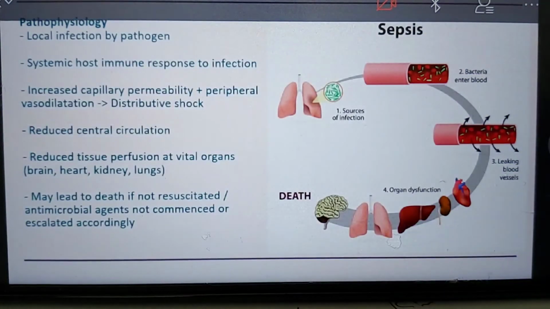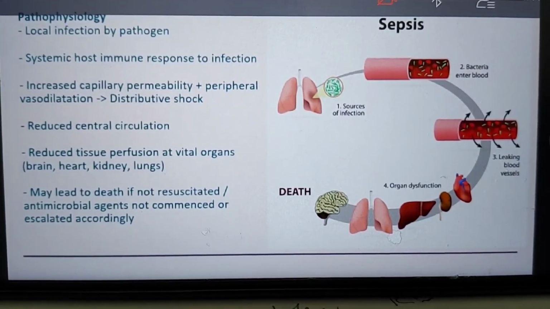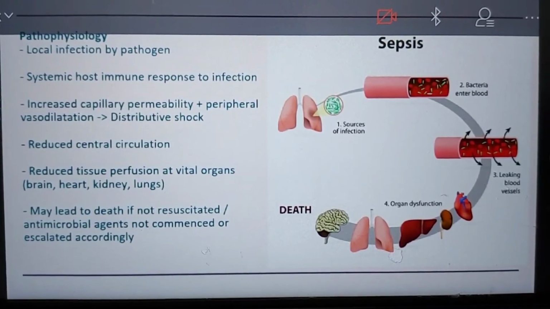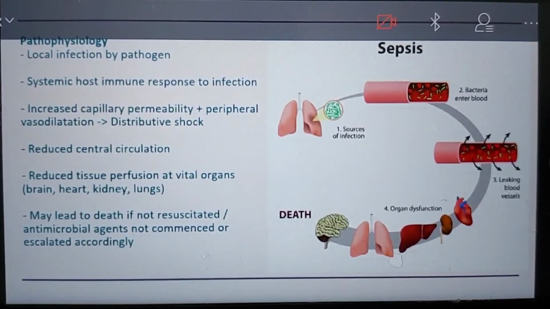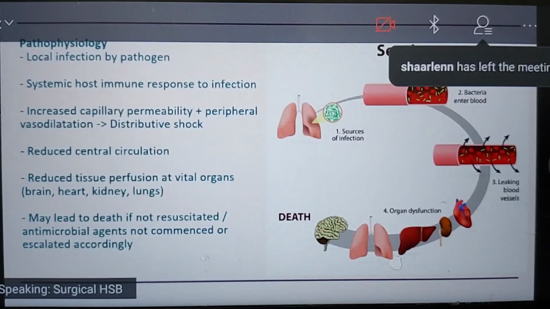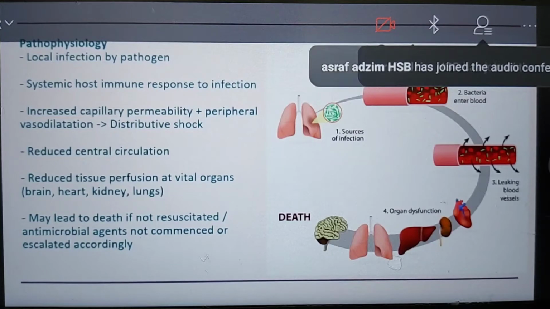So the pathophysiology of sepsis. Firstly, the patient will have local infection by the pathogen, and then the systemic host immune response to infection happens. This will increase the capillary permeability and peripheral vasodilation, which will lead to distributive shock that leads to reduced central circulation.